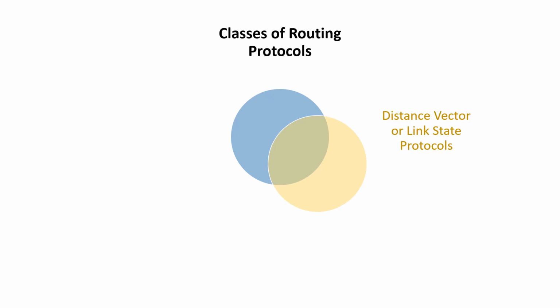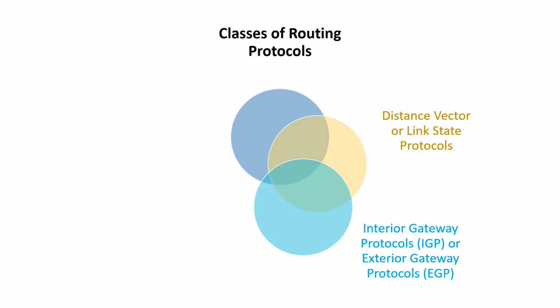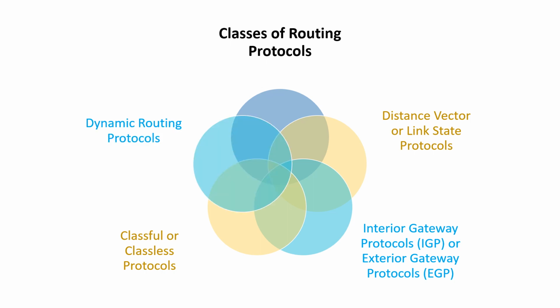First one is the distance vector or link state protocols, then interior gateway protocols or exterior gateway protocols. And the third class is the classful or classless protocols and dynamic routing protocols. So every routing protocol will definitely fall under either of these four classes of routing protocols.